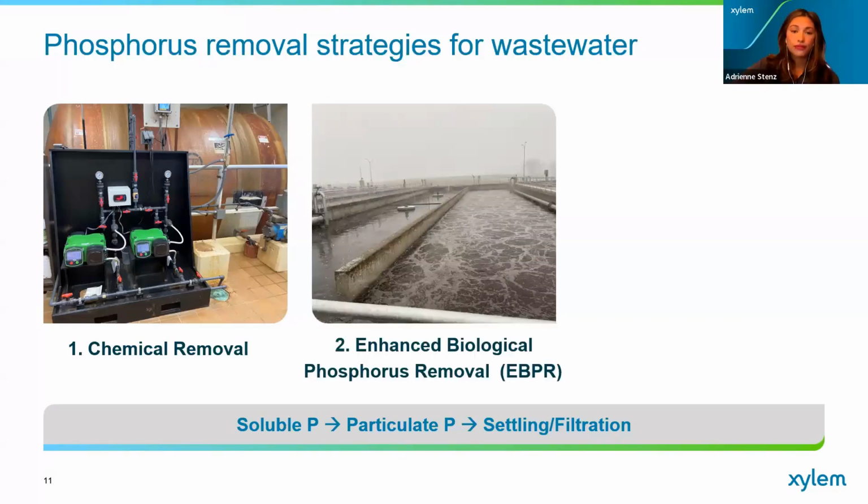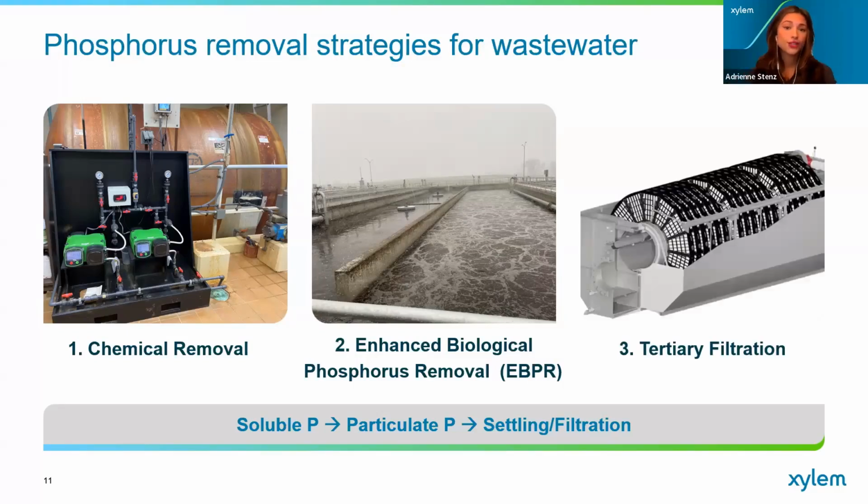The second way to remove phosphorus from wastewater is biologically in a process called enhanced biological phosphorus removal, EBPR, which is a more recent innovation but becoming increasingly more common. Biological phosphorus removal involves having a dedicated zero oxygen anaerobic zone in your biological treatment process to grow select microorganisms that will remove phosphorus from the water for you.